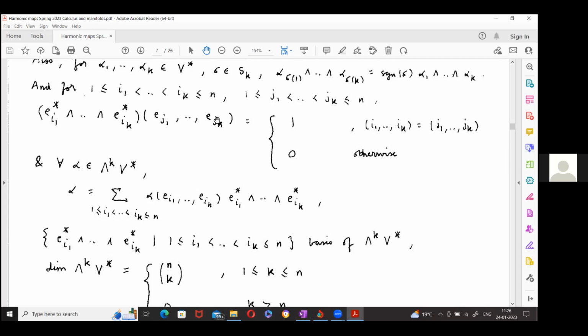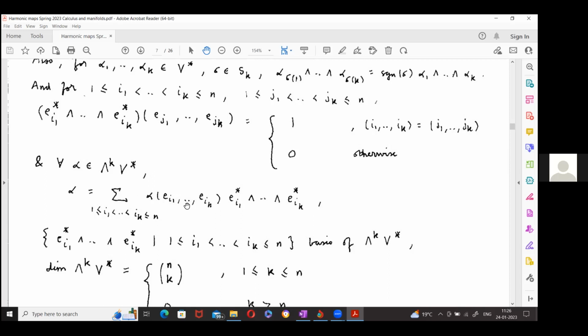So if two alternating forms take the same value on basis vectors in increasing order, then they will take the same value on all k tuples of basis vectors. And then, by multilinearity, they will take the same value on all k tuples of vectors. So they will be equal. Is that clear? Therefore we have this representation.